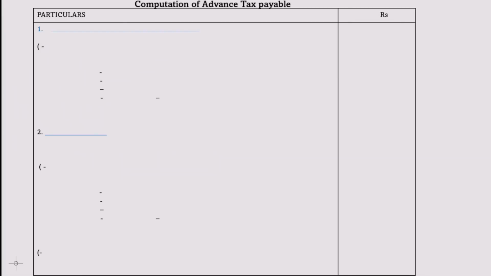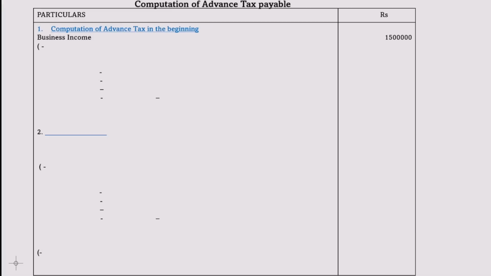Solution part: computation of advance tax payable. Before that we have to compute the total income. First we compute the income at the beginning, then the revised income. Computation of advance tax in the beginning: business income given in the question is 15 lakh rupees.